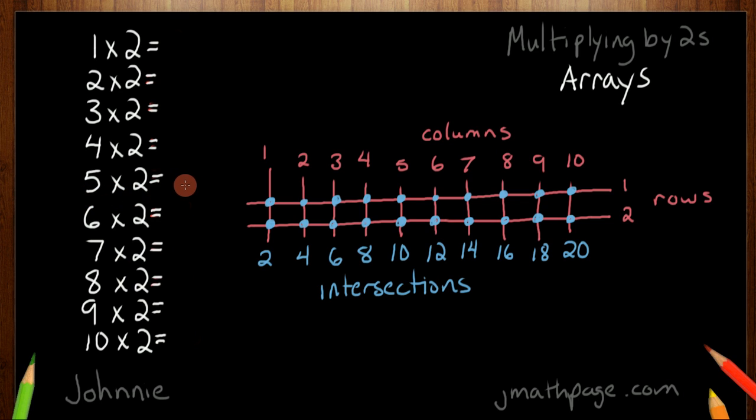5 times 2 equals, 7 times 2 equals, 3 times 2 equals, 8 times 2 equals, 2 times 2 equals, 4 times 2 equals, 6 times 2 equals, 10 times 2 equals, and I saved the easiest one for last.